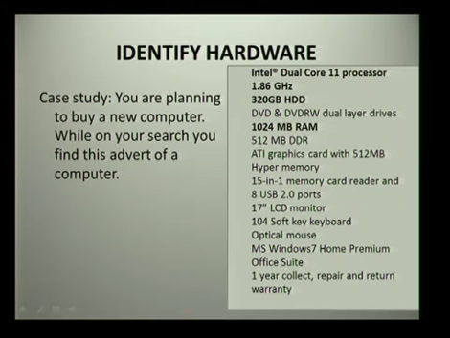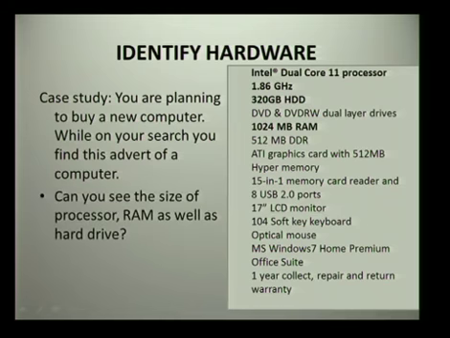Now, let's look at this case study. We are planning to buy a new computer, and while you search, you find this advert of a computer. But like I've said, you have to look at this advert very carefully. Things that you really need to note: can you see the size of your processor?